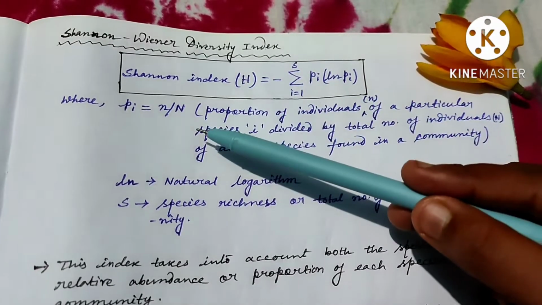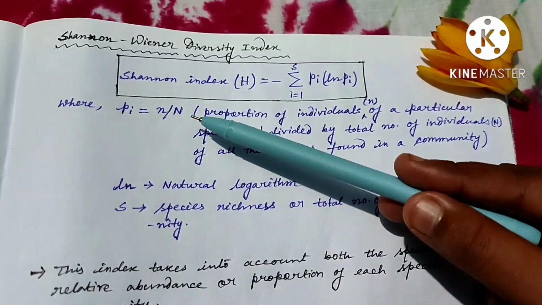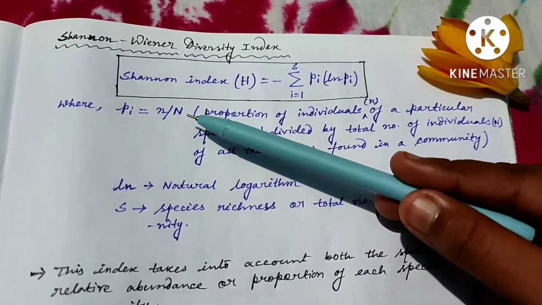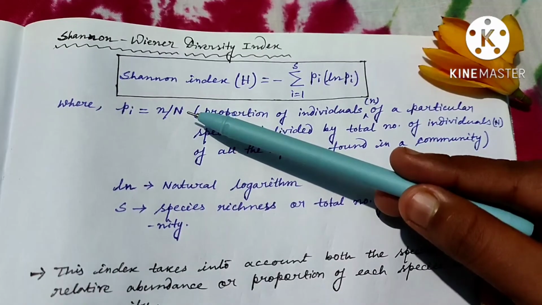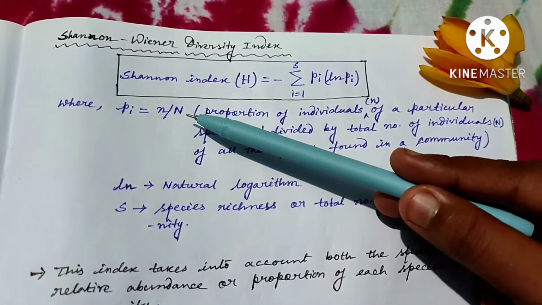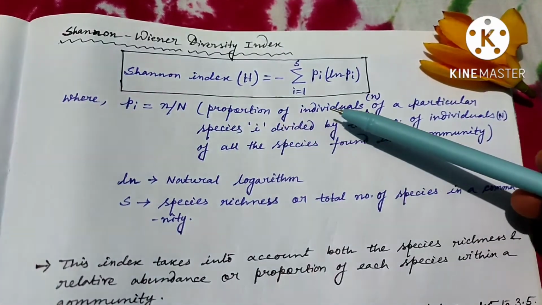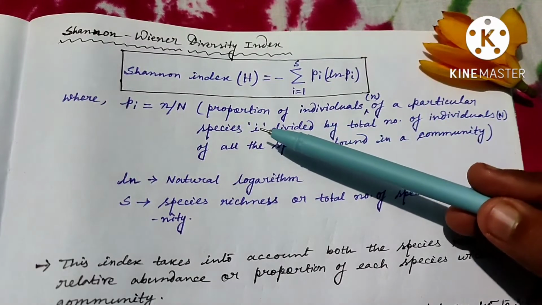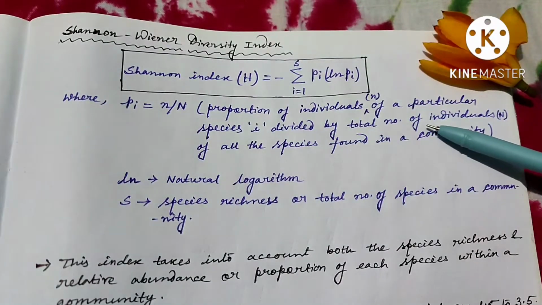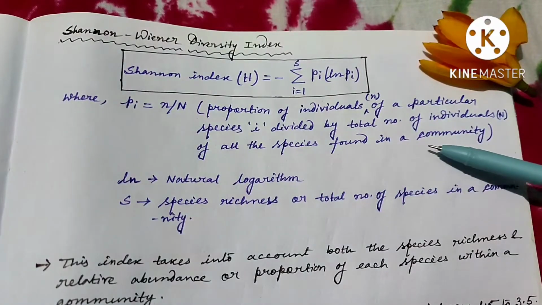That means pi equals small n by capital N, where small n is the number of total individuals of the species i divided by capital N. Capital N is the total number of all the individuals of all the species present in a given community. So pi is the proportion of individuals, that means small n, of a particular species i divided by the total number of individuals, that is capital N, of all the species found in a community.